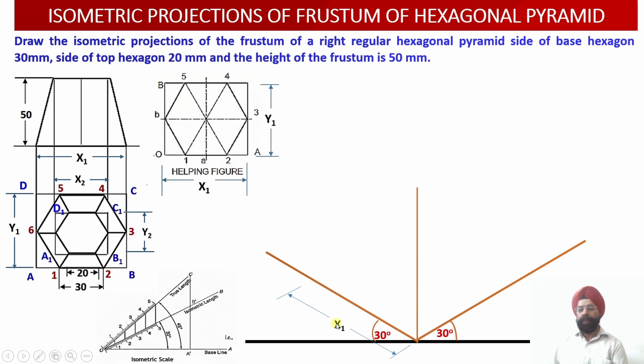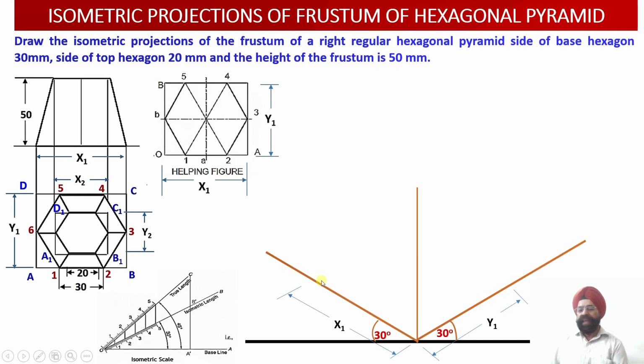We are going to mark the longer edge of this rectangle that we have obtained by inscribing this larger hexagon corresponding to the base, which has an edge length of 30 millimeter. So we mark the x1 distance along the x-axis, while the y1 distance will be marked along the base in the direction of the z-axis.